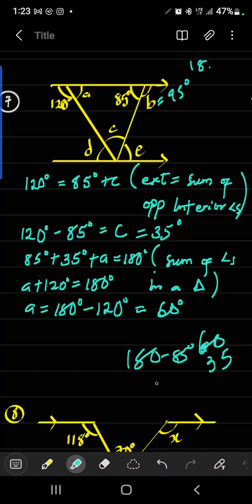Now 180 minus 85 is 95. You see that we used exterior angle B equals sum of A and C, we got our 95, and also if you use the other way, you still get your 95. So you can use either property.